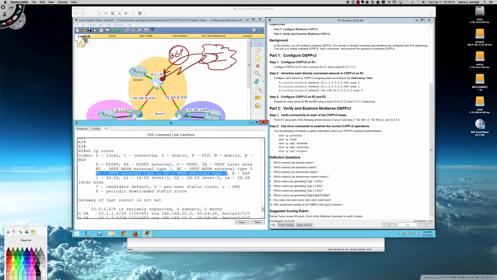So what we would expect to see is a type 5 LSA, and the default metric type is E2. And so where E1, he cares about what's the cost here. And I want to know about the cost here. And I want to know about these costs over here. And I want to know about all of the internal costs.